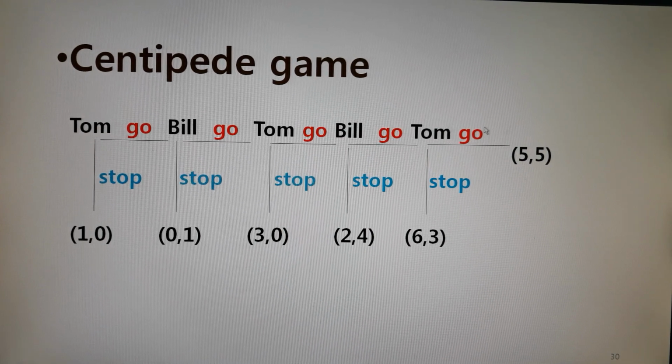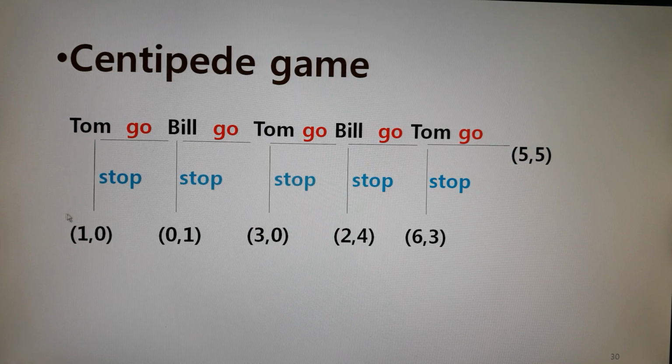This is an extensive form game, but instead of drawing it very long downward, they do it horizontally. Basically, Tom chooses go or stop. If he chooses stop, the game ends there. If he chooses go, Bill has a chance. Bill can go or stop. If Bill stops, the game ends here.